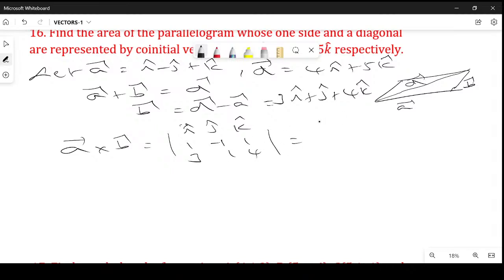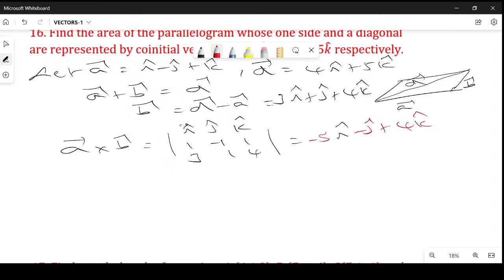Now you will find this. You simplify. i cap into it comes minus 4 minus 1, minus 5 i cap. Check the value, minus 5 i cap. Then minus j cap into 4 minus 3, minus j cap, and you will get 1 plus 3, 4 k cap.